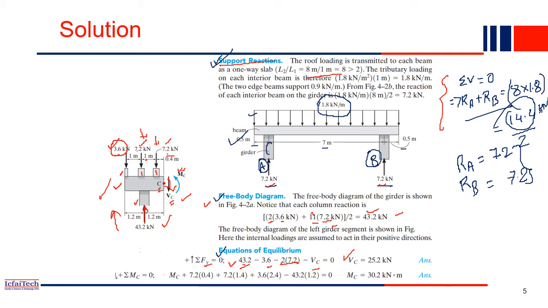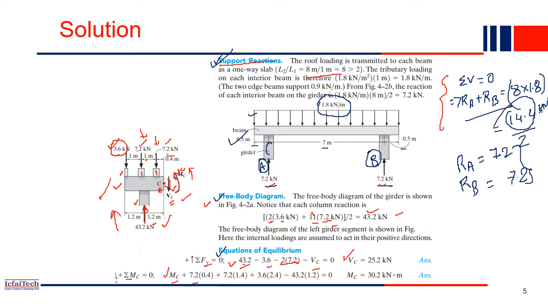Now similarly, to calculate the moment at C, we consider anti-clockwise moment as positive, according to the sign convention. MC is also acting anti-clockwise in this direction, so it is positive MC.